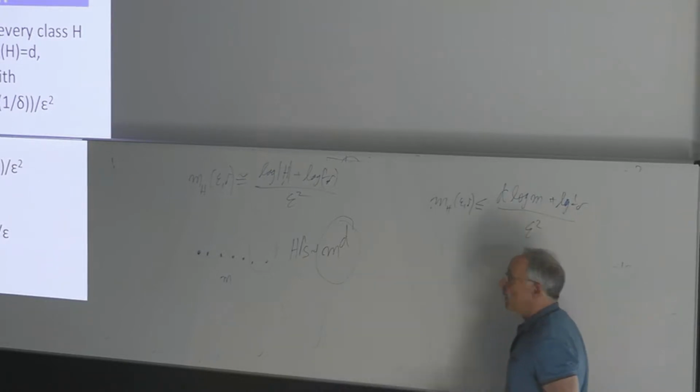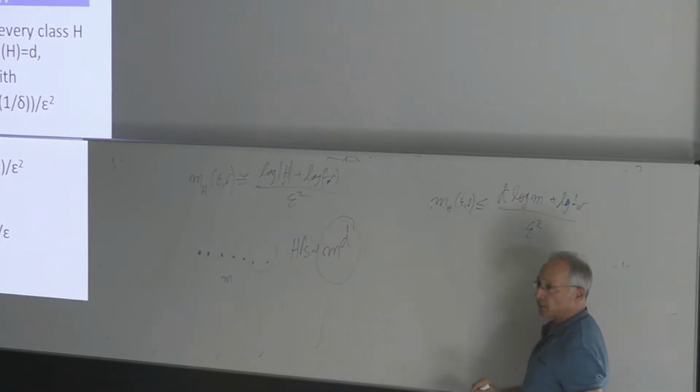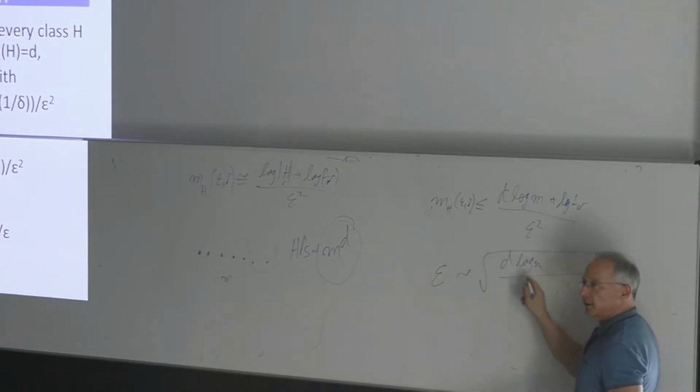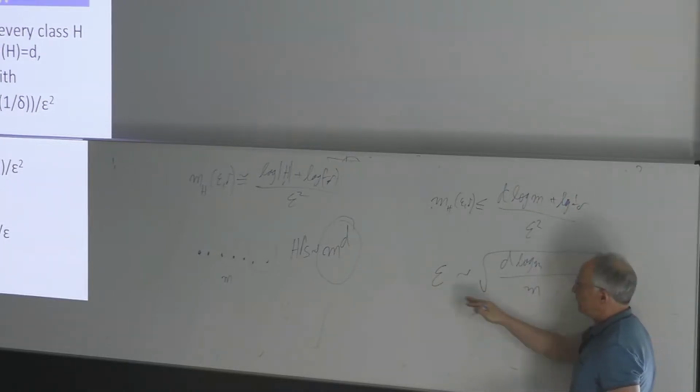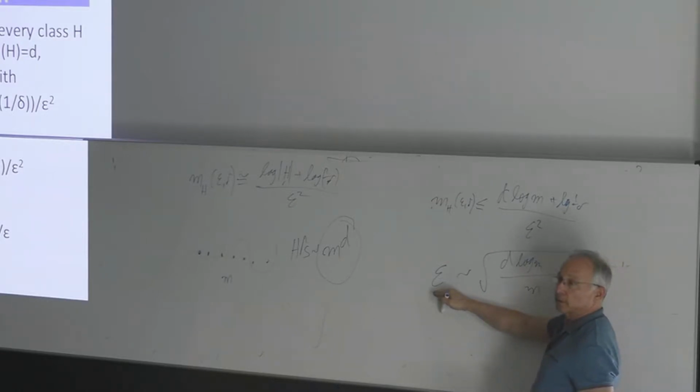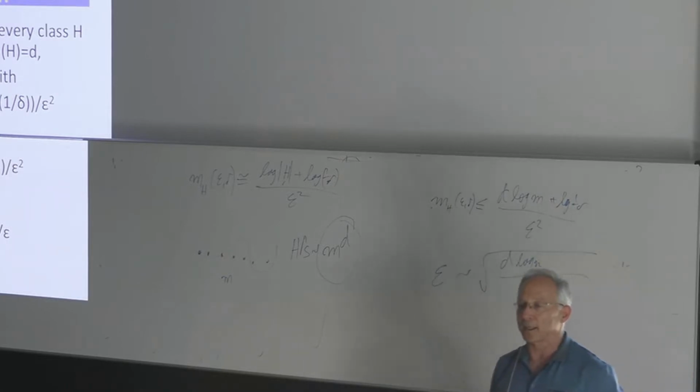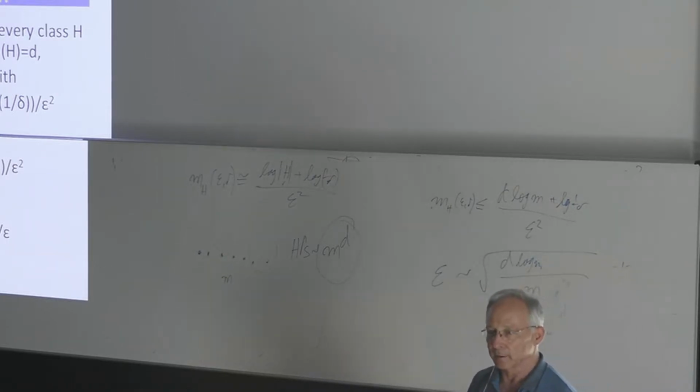But notice that now, if I try to calculate epsilon, my error, I get something like the square root of d log m divided by m. So as m goes to infinity, this goes to 0, and my error goes down. So this is the idea why the Sauer lemma gives me learnability of classes with finite VC dimension.